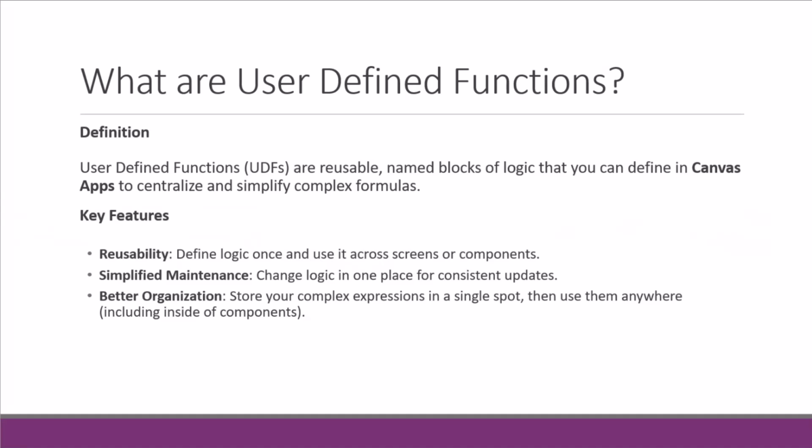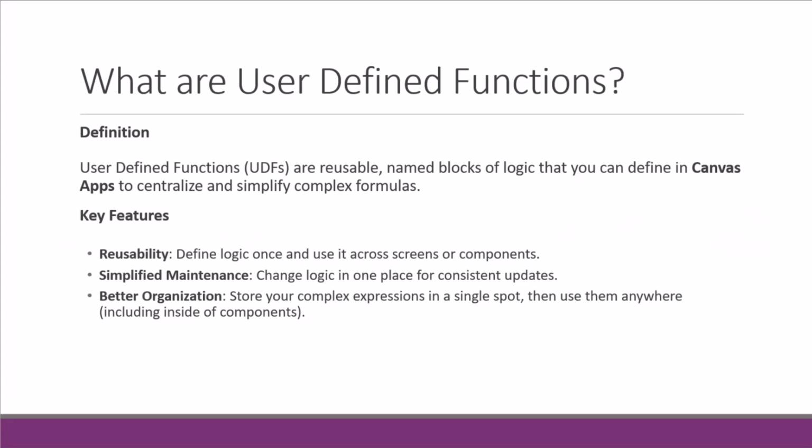These are very similar to named formulas. So I don't want you to get those confused because they're not exactly the same, but they're in a similar vein, right? With named formulas, you can take expressions that you might use elsewhere in your application, and you can put them in the formulas property of your app. And then you can reference the name of that formula throughout your application.